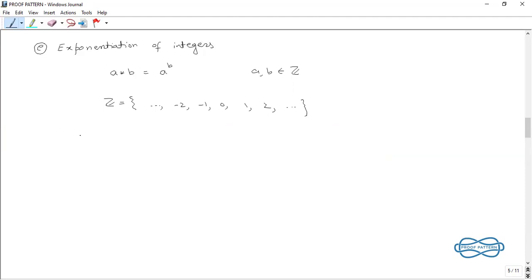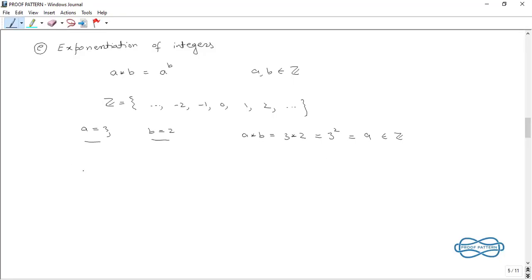To disprove some fact in mathematics, we need just one counter example. If we take a equal to 3 and b equal to 2, then a star b, which is 3 star 2, by the definition will be 3 squared, which is equal to 9, and that belongs to Z. So from this choice of integers, we do not come to any conclusion.